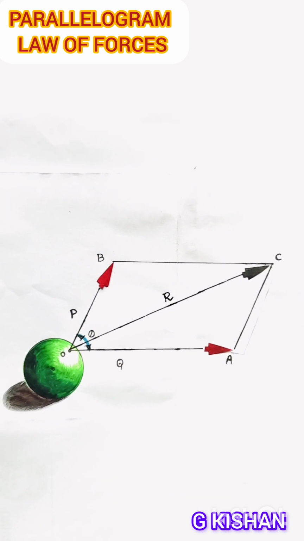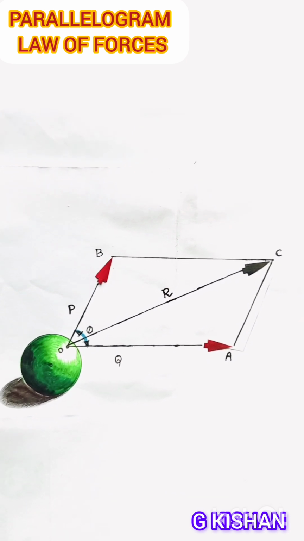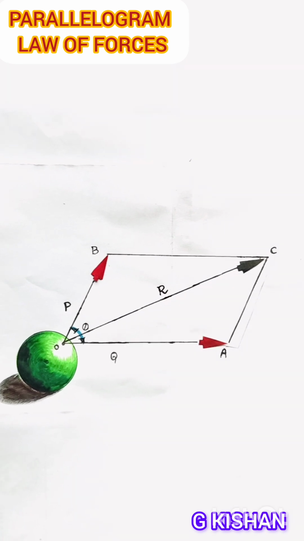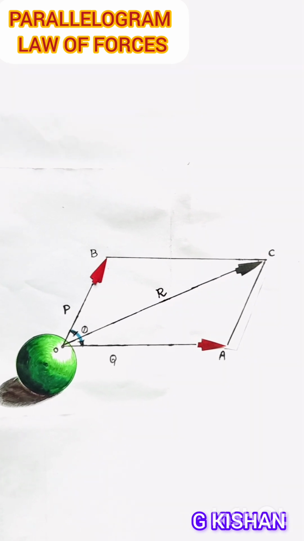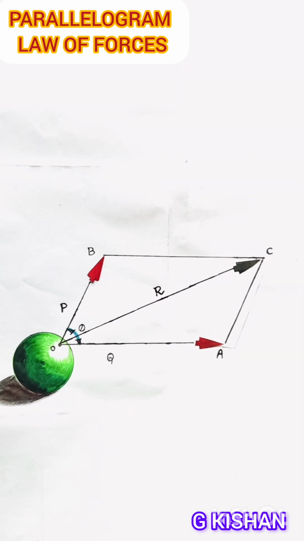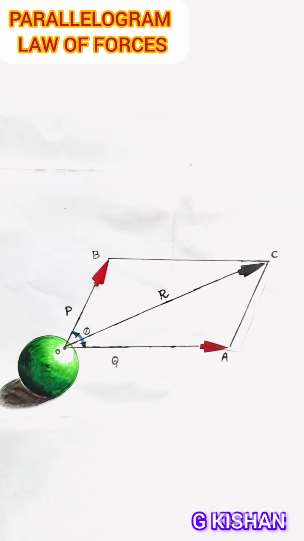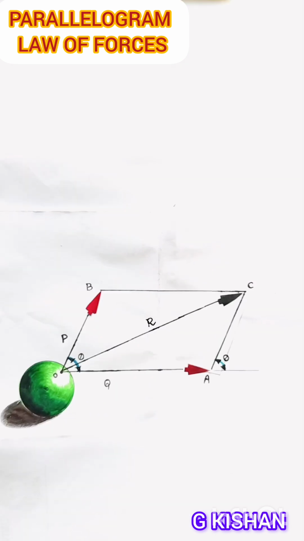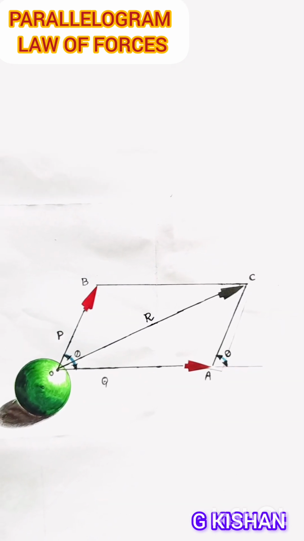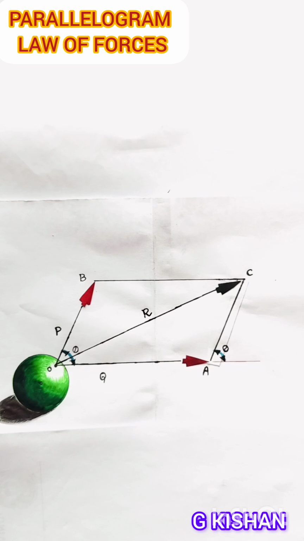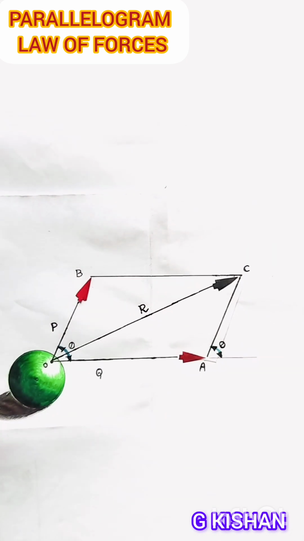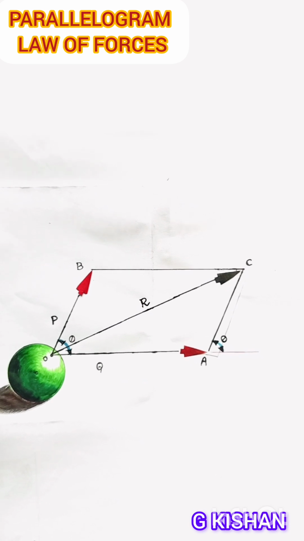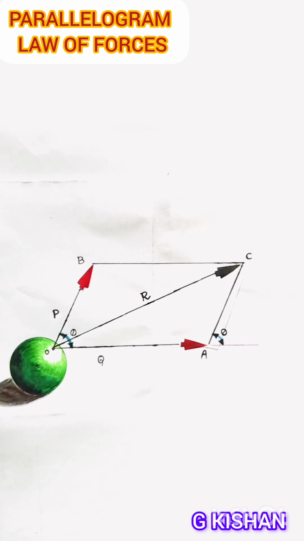As we consider OB magnitude as P, AC magnitude is also P. As OB is making theta incline with the horizontal OA, AC also makes theta incline with the horizontal. From the C end of the parallelogram, when you draw a line perpendicular to the extended line OA, we get a new point D.